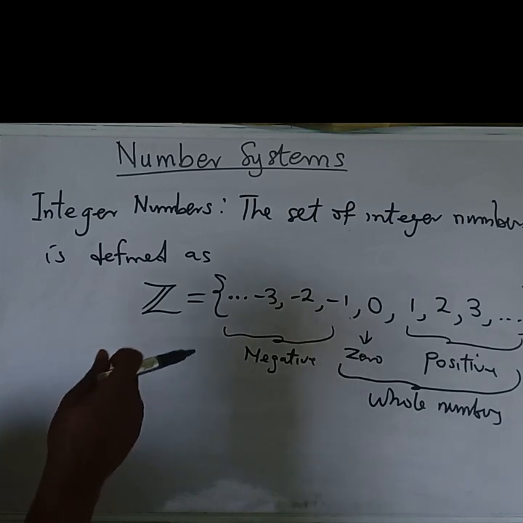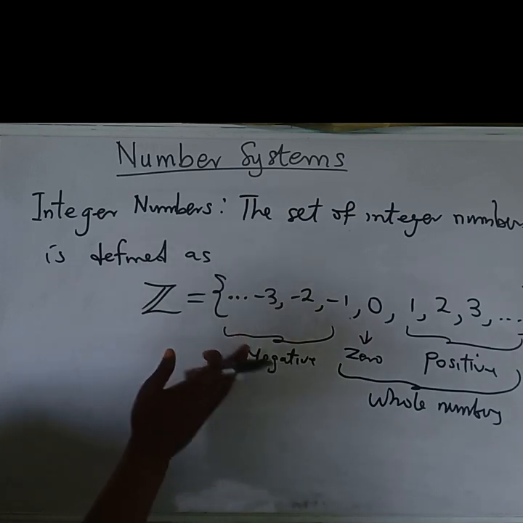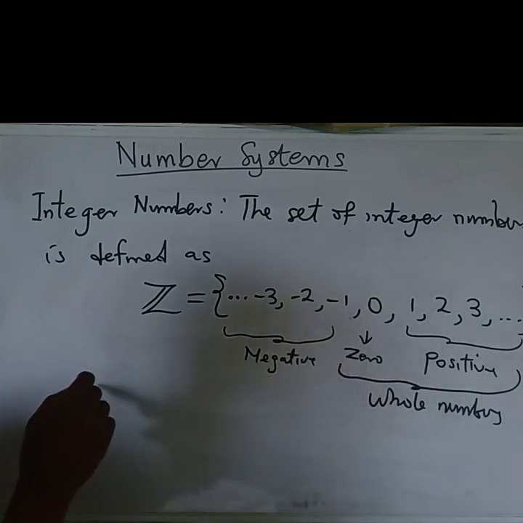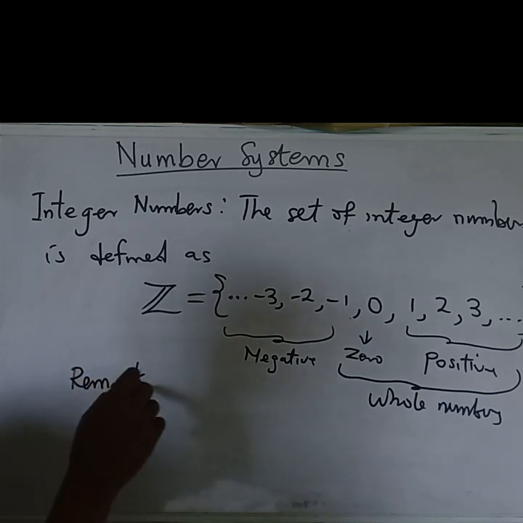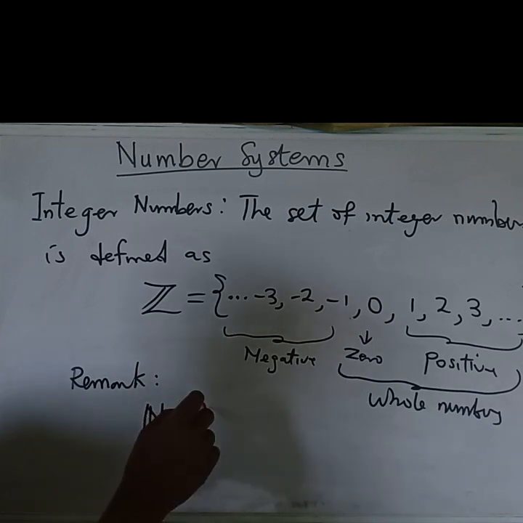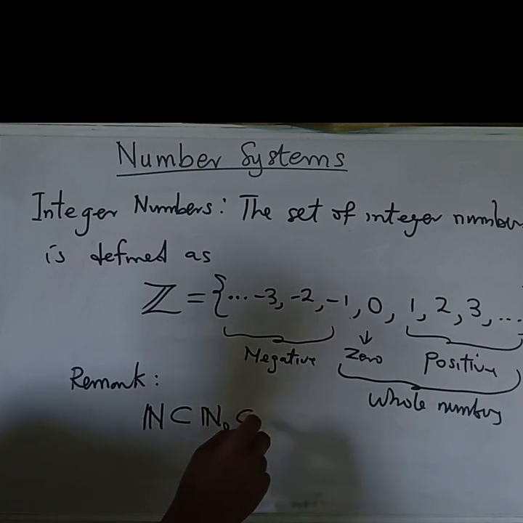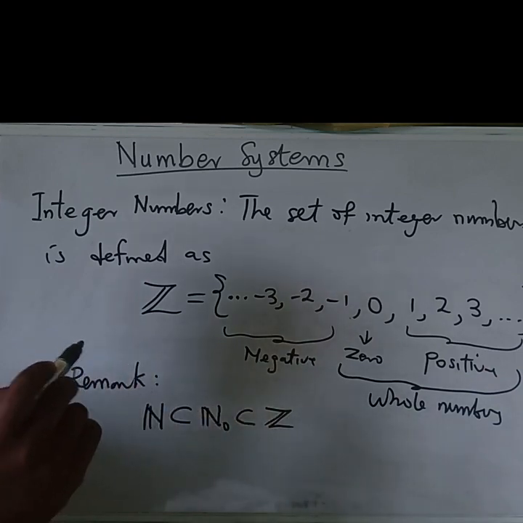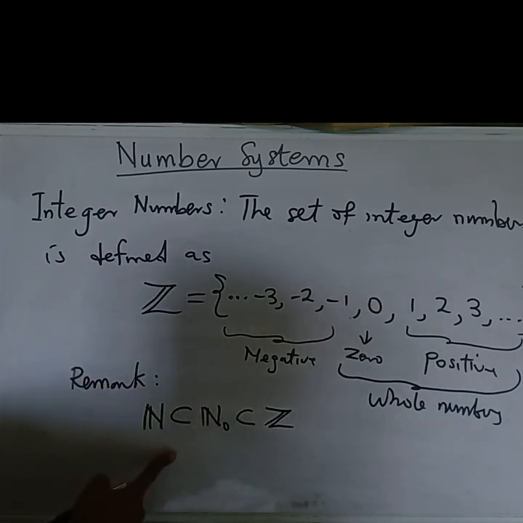Let's take them one after the other, but before that, let's quickly make a remark from our explanation here. We have said earlier that the set of natural numbers is a subset of the whole numbers, and the whole numbers are a subset of the integer numbers. This is very key.